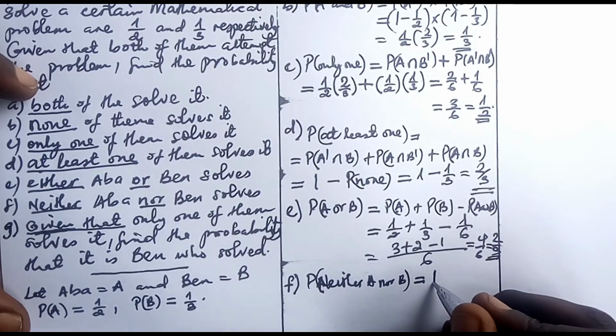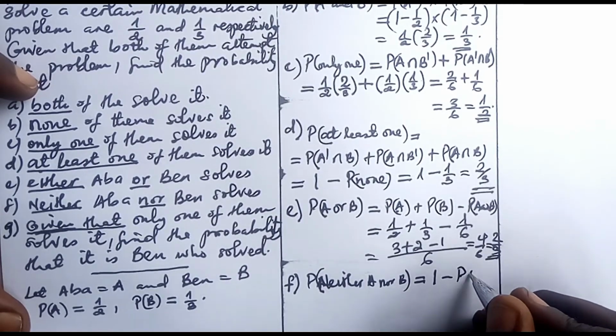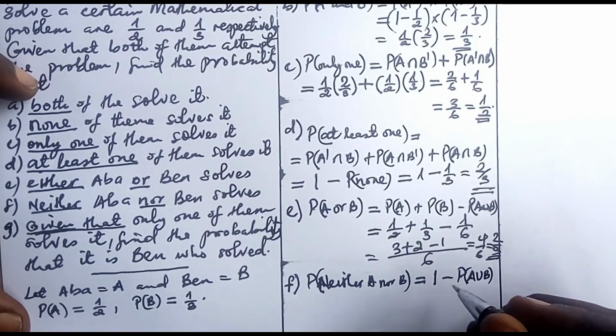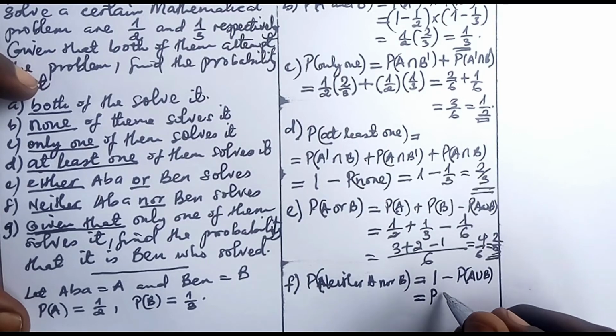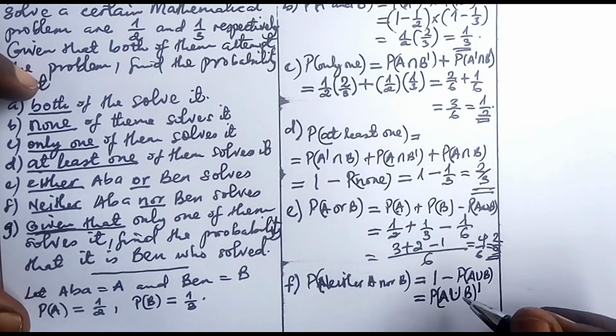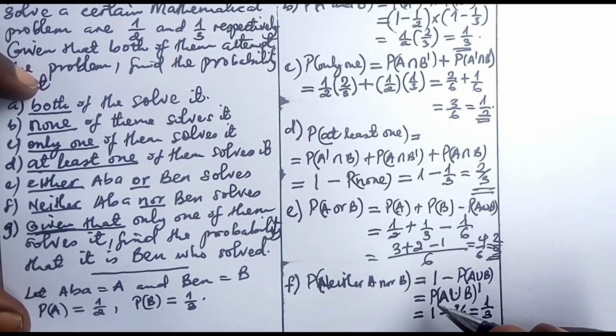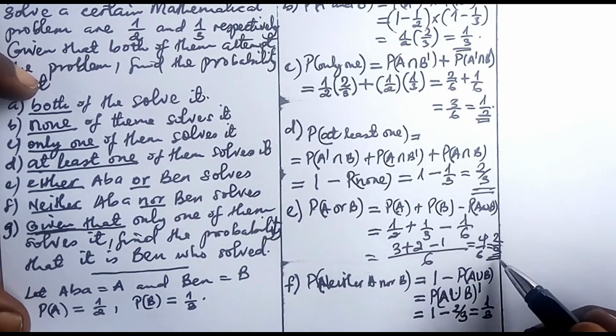So it is supposed to be 1 minus P of A union B, because this actually means P of A prime, P of A union B all prime, which leads to this. And so this should be 1 minus 2/3, which gives 1/3, because P of A union B, we had it in E as 2/3.